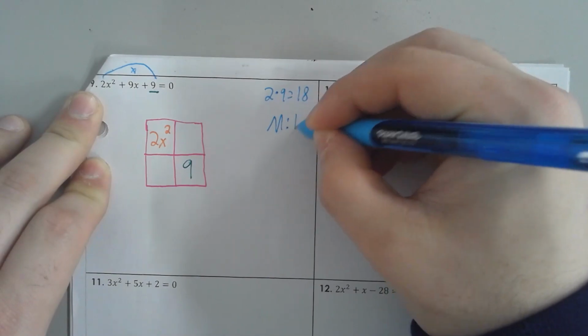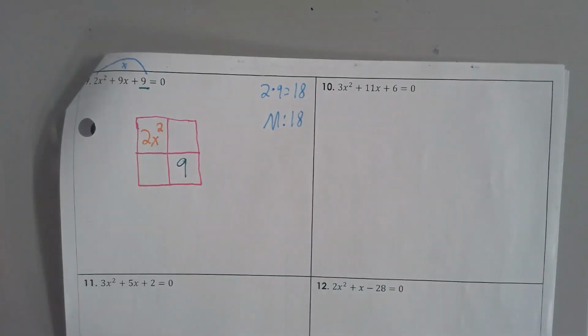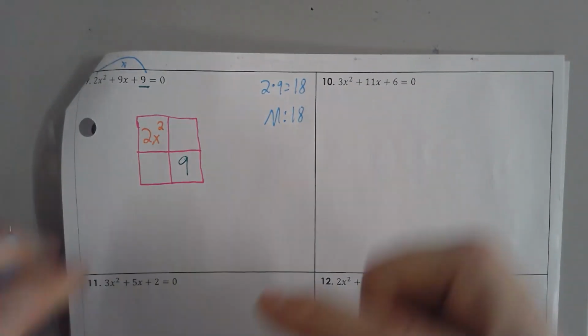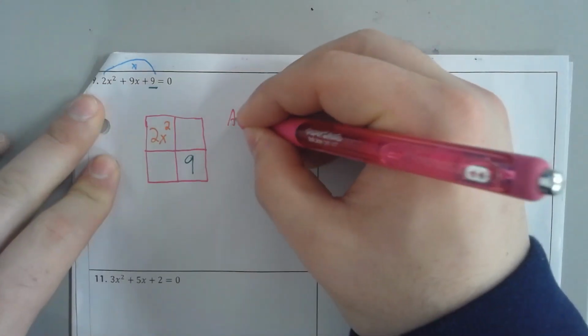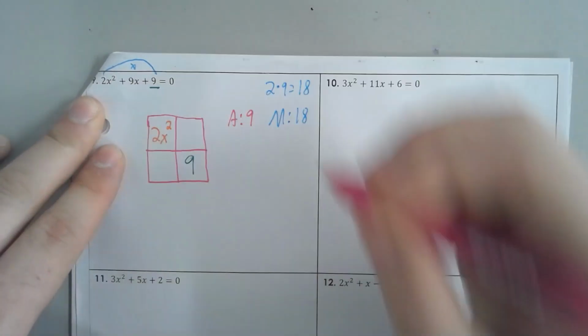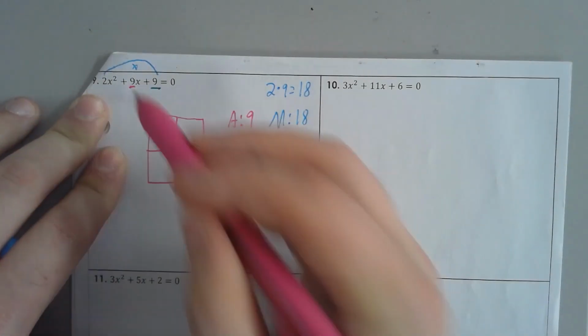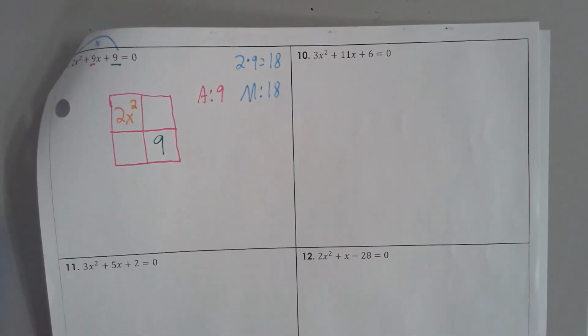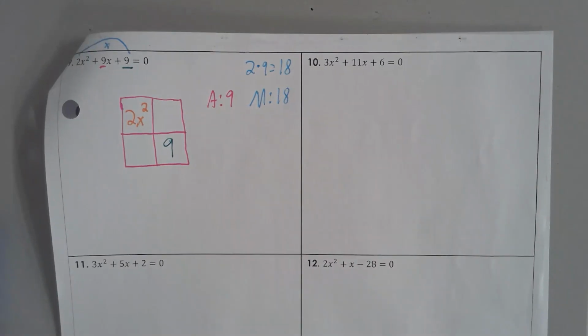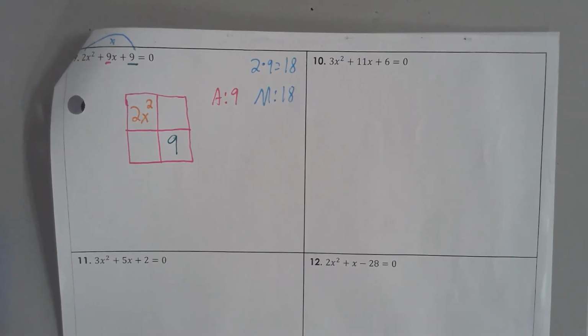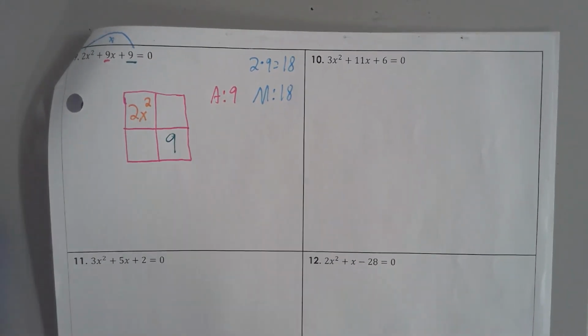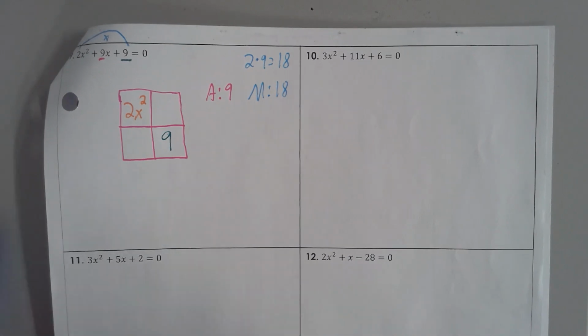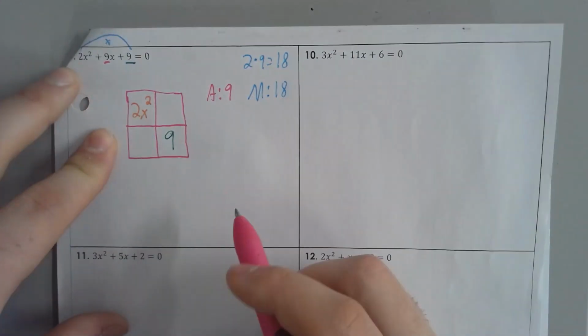So now we've got to find 2 numbers that multiply to be 18 and add to be 9. That's just our B term. So what's some numbers that multiply to be 18? 6 and 3. Yep, 6 plus 3 adds to be 9.